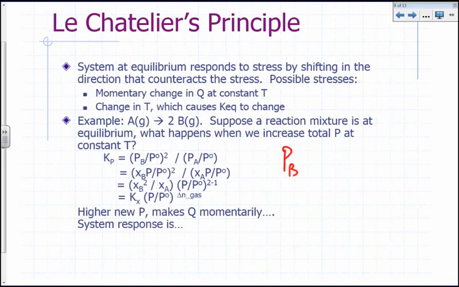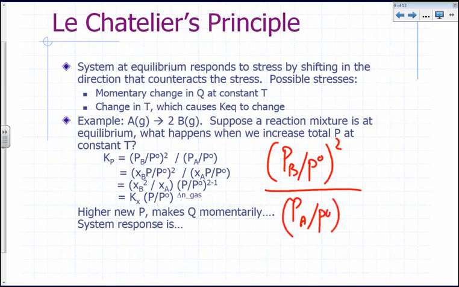All right, so let me rewrite this into something easier to follow: P_B over P naught, squared, over P_A over P naught. We can express your P_B as the mole fraction of B times the total pressure, whatever it is, and then divide by P naught, and you get squared there.